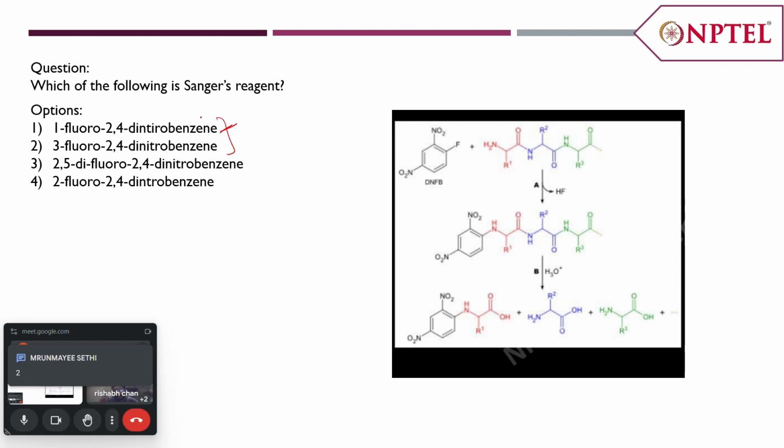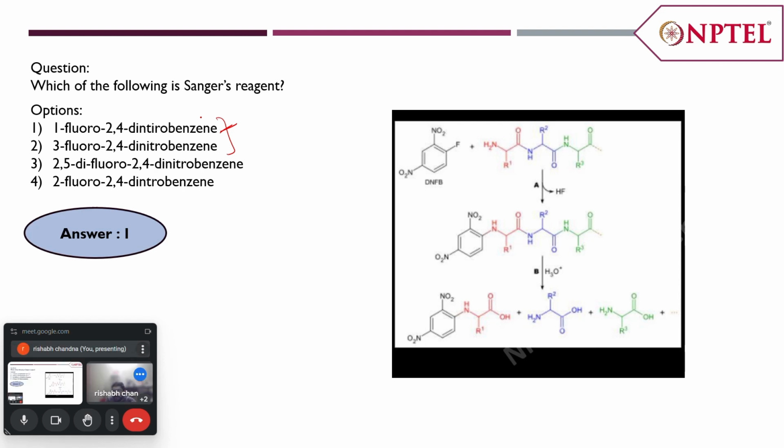Okay, so the correct answer is option number one, and it was 1-fluoro-2,4-dinitrobenzene. Here is the structure that is being shown of FDNB. So this interacts with the N terminal of the protein.